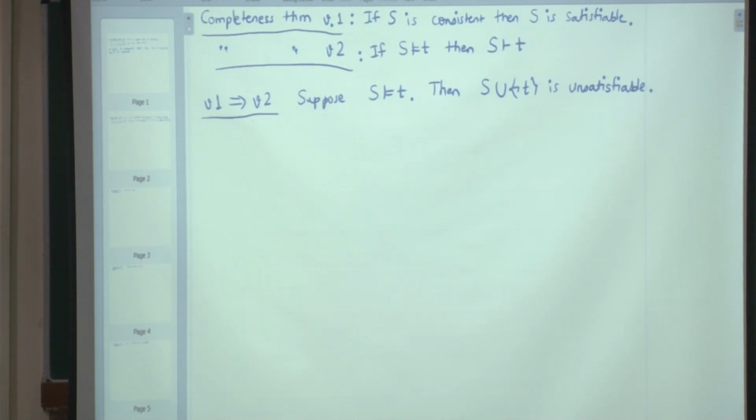Then what? Then by the contrapositive of version 1, S union negation T is inconsistent.